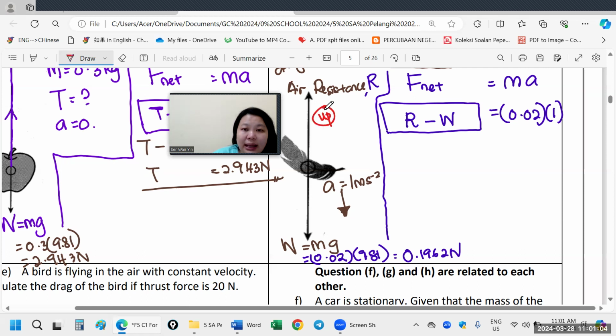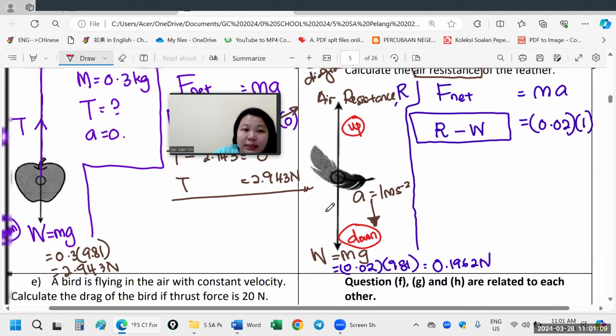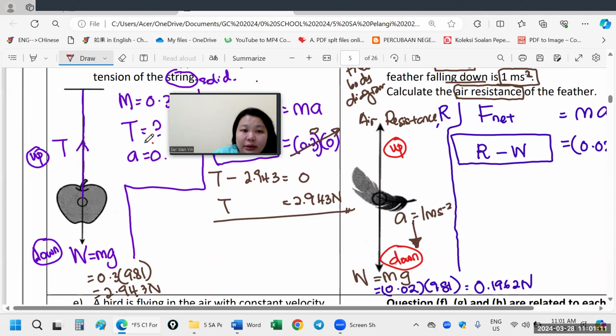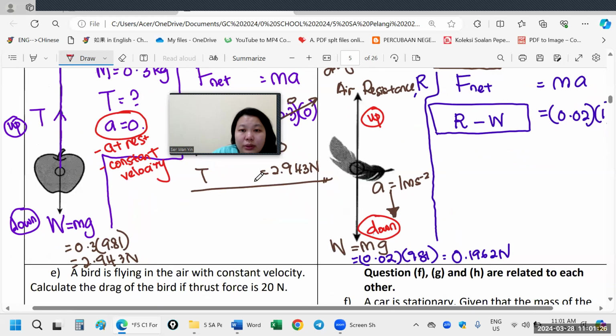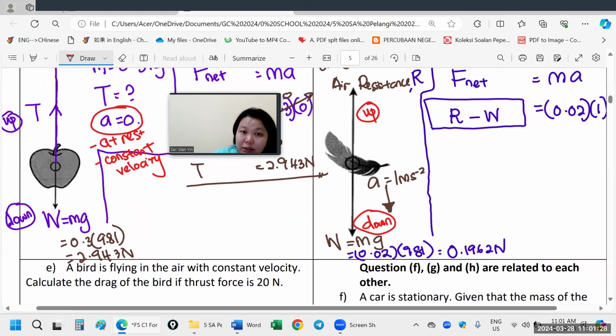Just now, yes, up minus down, but with the condition that acceleration is 0, meaning either at rest or constant velocity. Okay, up minus down. But if there is acceleration, we always follow the direction of acceleration.